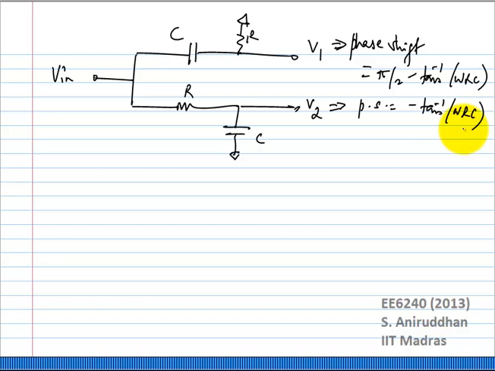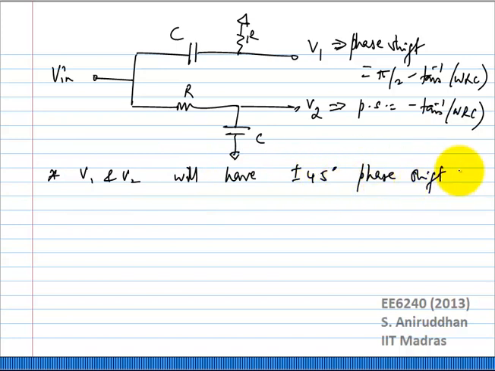However, there is a caveat. The equal amplitude will happen at exactly one frequency. If you deviate a little bit from this frequency, the two amplitudes will not be exactly equal.